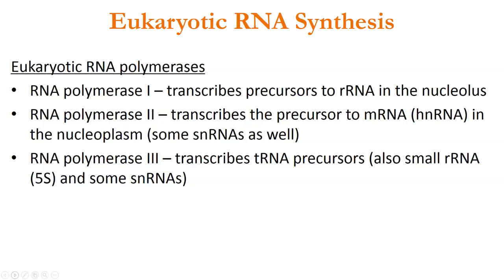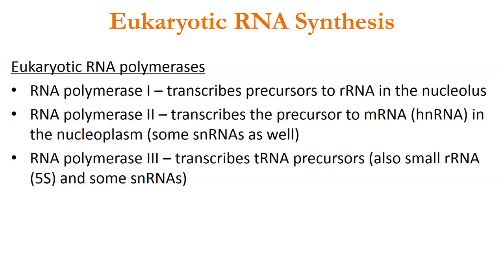Because we had our prokaryotic DNA polymerase 1 and 3, right? And so we've got a 1 and a 3 for the eukaryotic RNA polymerases. Unfortunately, they don't have distinctive names. So that's my warning, just don't get those confused. That's one of the things people will typically get confused on an exam. So the eukaryotic RNA polymerases, there's 3 different versions of them, RNA polymerase 1, 2, and 3.